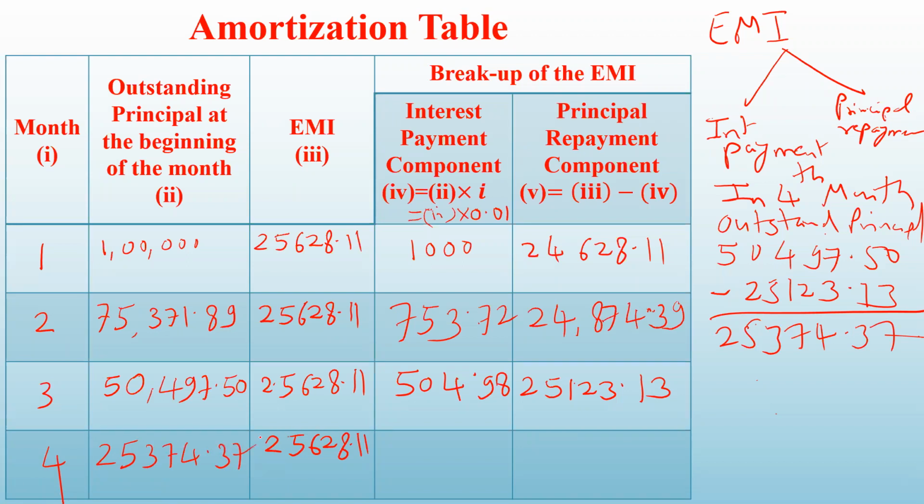25,374.37. Again, in the fourth month, you will pay this much EMI. Part of it will go in the interest payment. How much part? Interest on this value. Okay. So how will you calculate the interest on this value? 25,374.37, 1% interest. So multiplied by 0.01.